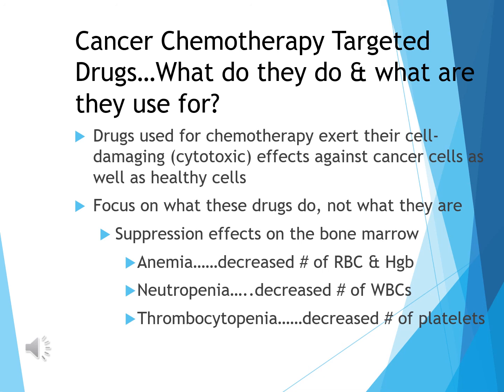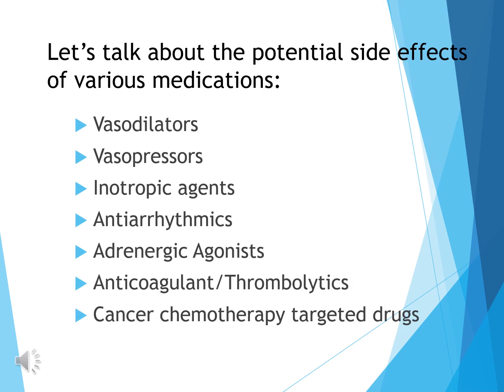So we can have problems with anemia because of decreased number of red blood cells and hemoglobin, neutropenia because of decreased number of white blood cells, and thrombocytopenia because of decreased number of platelets. So I want you to think about potential side effects of these medications. As you review what their action is, you also need to think about what problems can occur from that.